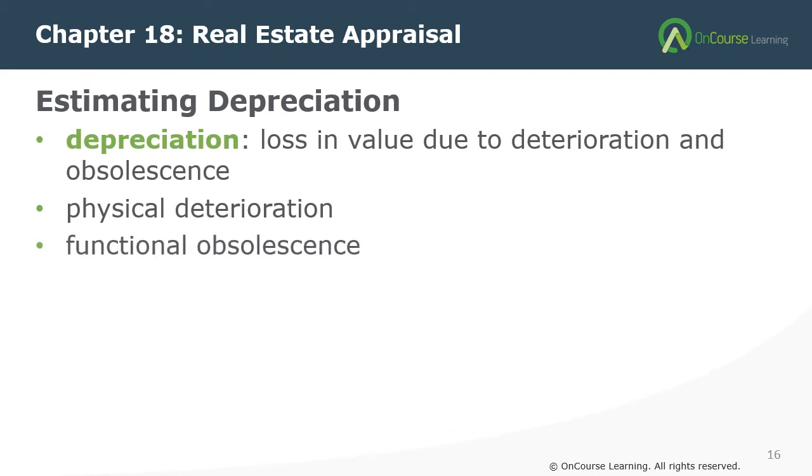Functional obsolescence. That may be a property that has outdated equipment, faulty or an outdated design. And economic obsolescence. This is a loss in value due to external forces or events. And when we talk about accrued depreciation, there is a saying that fits in here, that more houses are torn down than fall down.